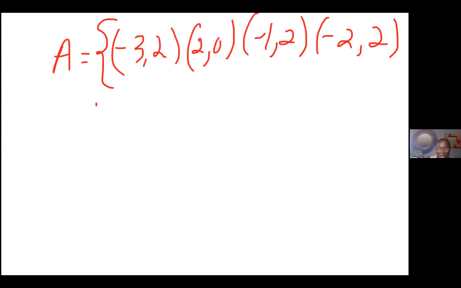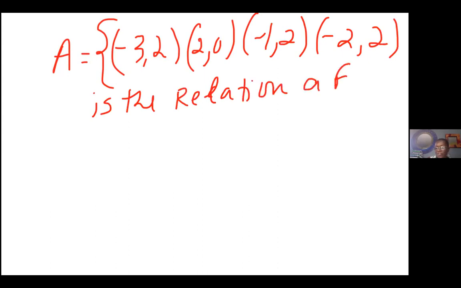So if I were to ask you, is relation A a function? You would look at the domain, guys. As long as the domain doesn't repeat, it's considered to be a function. So let's look. And remember, we're just looking at the X's. Do you see anything that's repeating? Are any of the X's repeating? As long as they're not repeating, it's a function. So this one, yes, it's a function, guys.